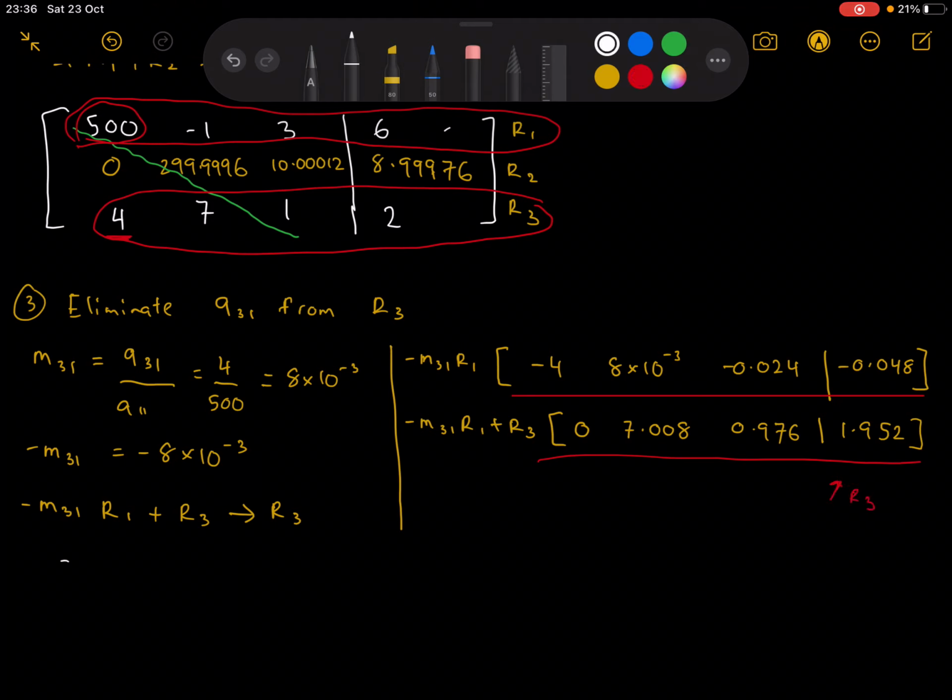So now our matrix, what will change is the value on row number 3. So this one is going to be the same. The first row 1, 3, 6. The second row remains the same, 299.9996. Then this one is 10.0012. I don't have enough space, so I'll write it again.